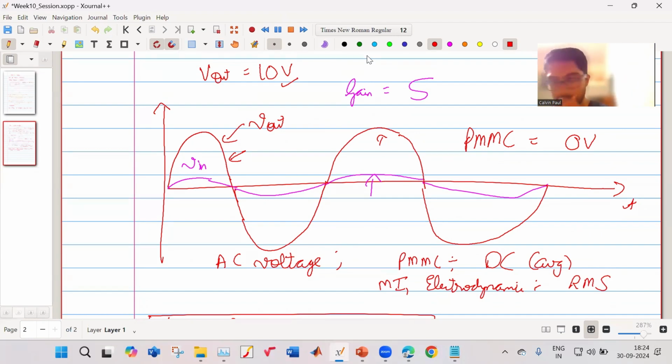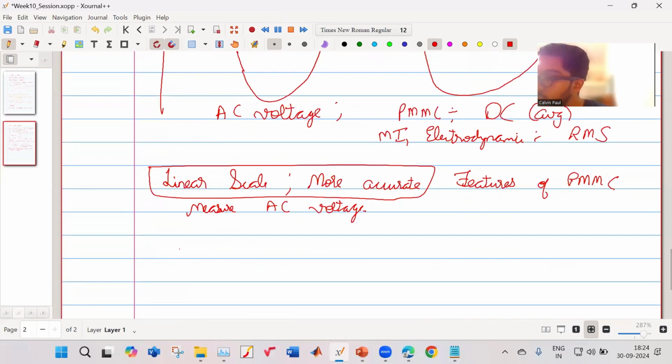Rectifier use करेंगे sir. So I need to use a rectifier. Okay, I need to use a rectifier, and that will help me to measure AC quantities.